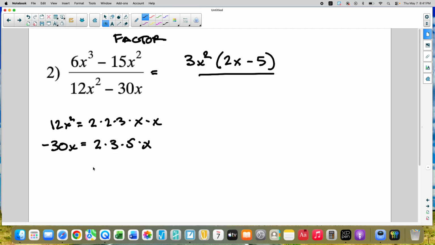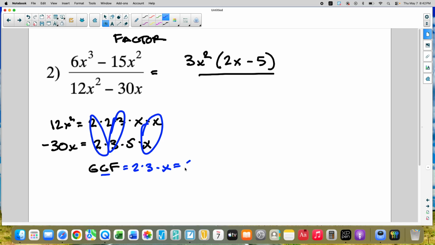If we're looking for a greatest common factor, the C tells us to circle what they have in common. They have a 2 in common, they have a 3 in common, and they have an x. So my GCF is 2 times 3 times x, or 6x.